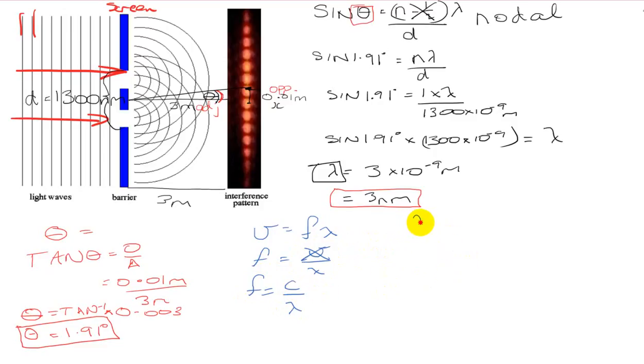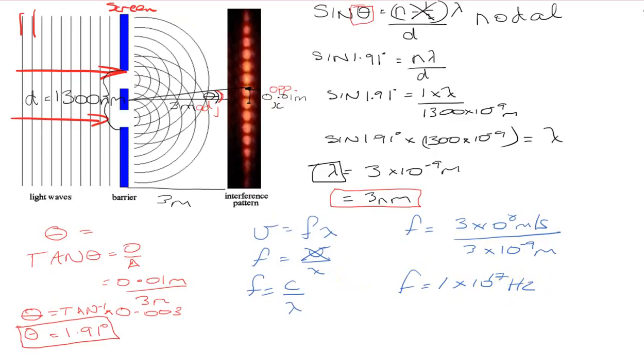And that's going to be then, the frequency is 3 by 10 to the 8 meters per second over the wavelength that we just calculated, which is 3 by 10 to the minus 9 meters. And the frequency, if you calculate that out, turns out to be 1 by 10 to the 17 hertz.